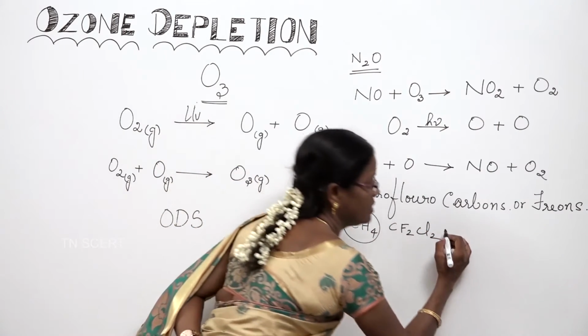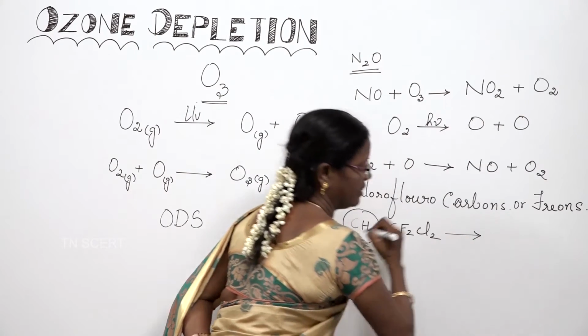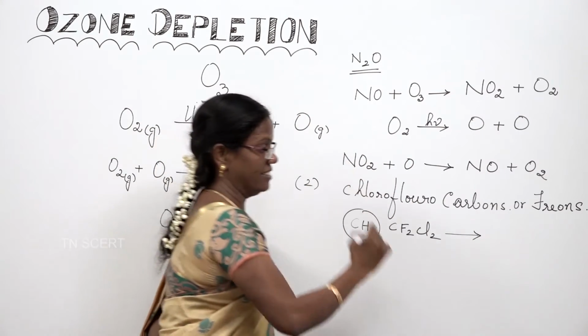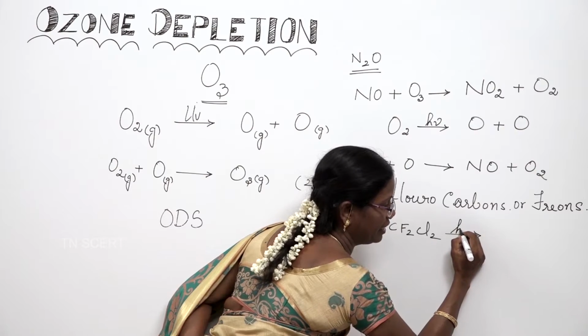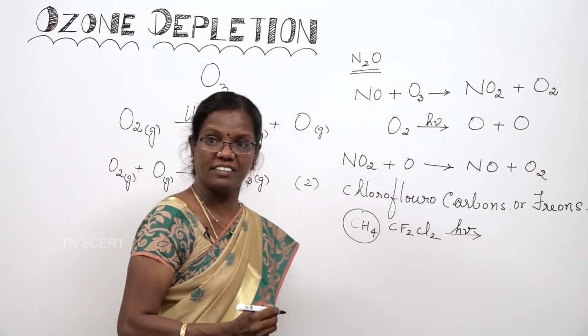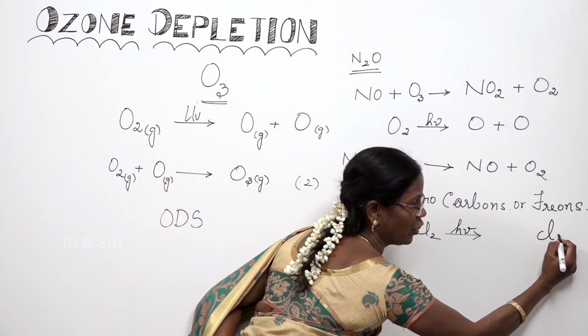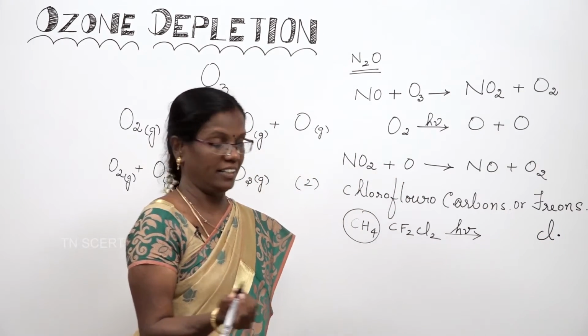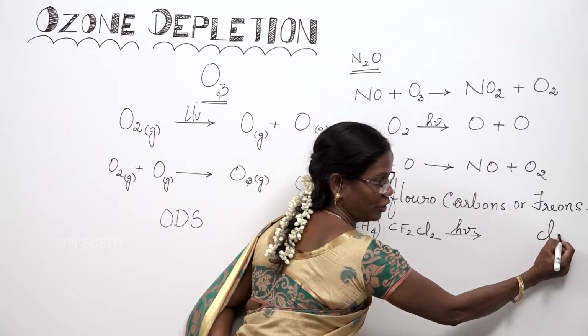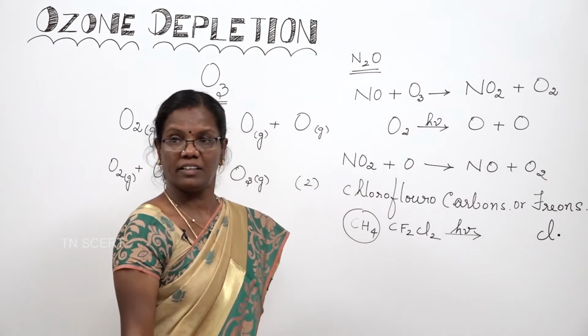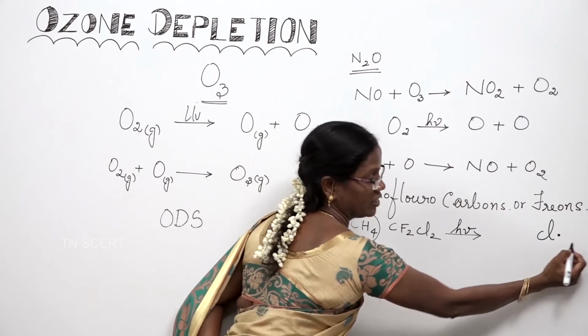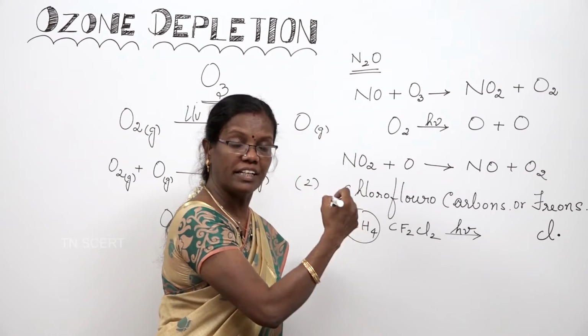See, this reacts in the stratosphere in the presence of sunlight. Actually, a free radical is formed, Cl dot. You know what a free radical is? If only one electron is present as a radical, this is called a free radical, chlorine free radical.